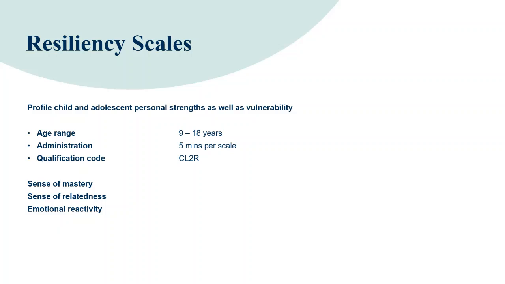So the first one is the sense of mastery. This scale has 20 items and it's a self-report questionnaire, and it consists of 3 conceptually related content areas. The first is optimism, about life and one's own competence, positive attitudes about the world, about life in general, and about their own life currently and also in the future.